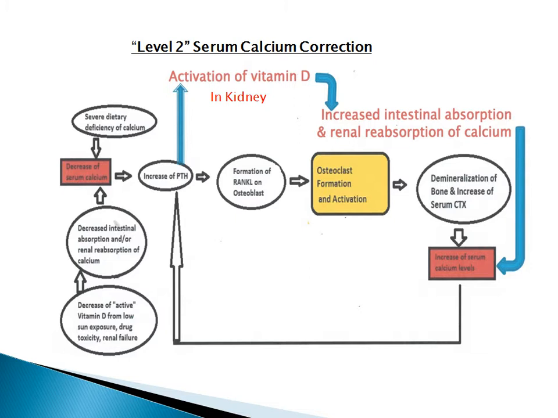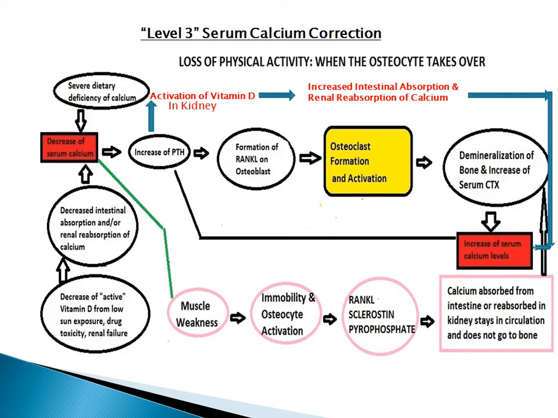Then at this point, the muscles start getting weak, and you start to lose the ability to engage in physical activity. And at that point, we go to level 3 serum calcium correction. And this happens when the loss of physical activity occurs.